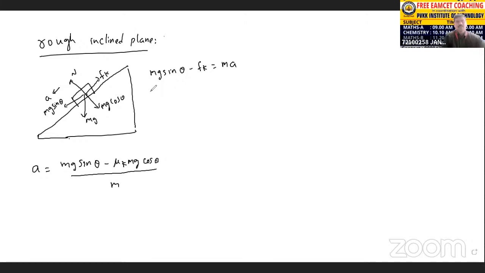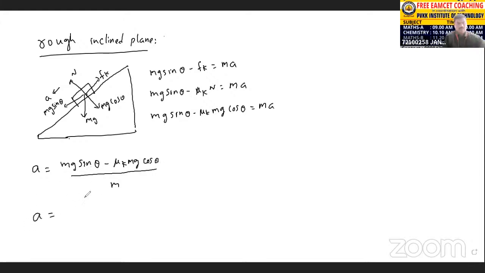So mg sin theta minus Fk, where Fk means mu k into n, is equal to ma. Here n represents mg cos theta on an inclined plane. So by using this formula, a is equal to mg sin theta minus mu k mg cos theta, over m.